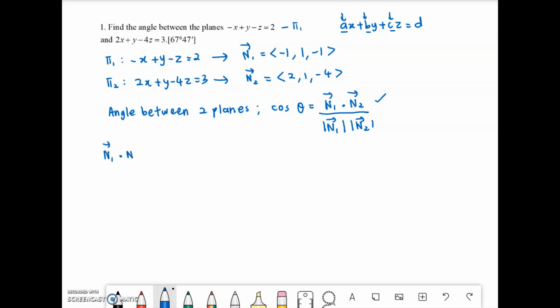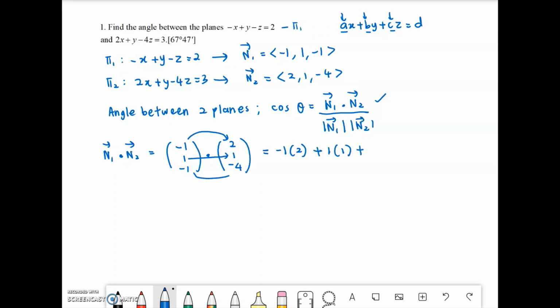So first we have to find the dot product of n1 and n2. The dot product will produce a scalar. This is our normal vector 1, which is negative 1, 1, negative 1, dot with normal vector 2, which is 2, 1, negative 4. So we multiply: negative 1 times 2, plus 1 times 1, plus negative 1 times negative 4.